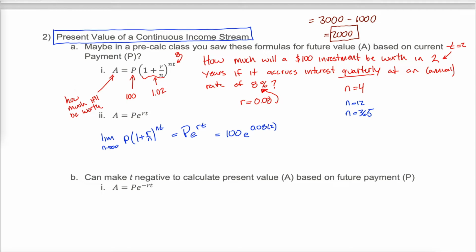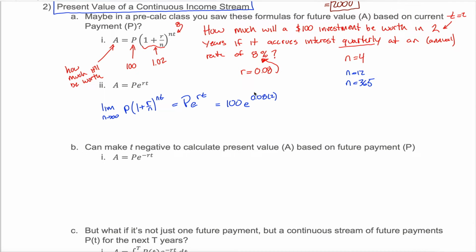But neither of those are really what we're going to use to figure out the present value of a continuous income stream, because these are both talking about future values and we want present values. But the nice thing is you can use this exact same formula that we have in blue with a negative value at T, and that will tell you the present value for a future payment.